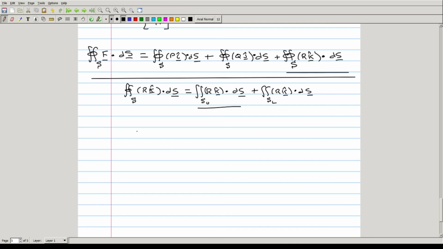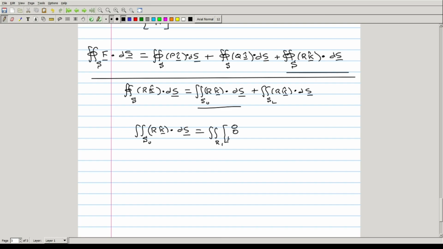So let's focus on one of these, the surface integral over S upper. When we apply our previous parameterization, this is the same thing as the double integral over R1 of (0, 0, R), because we're doing just the surface integral of R k hat.